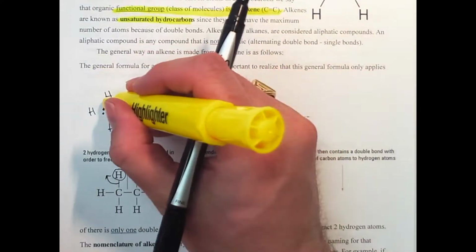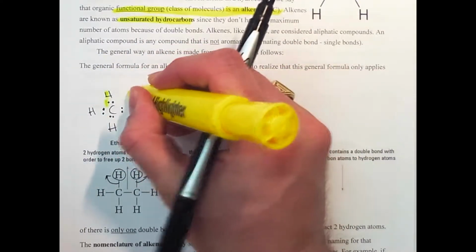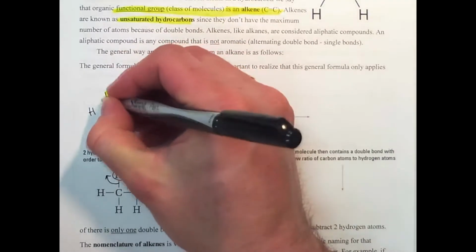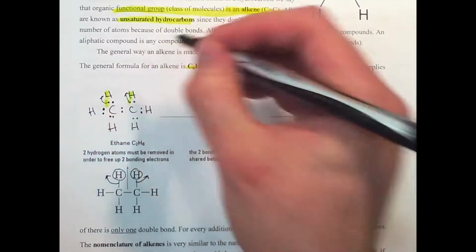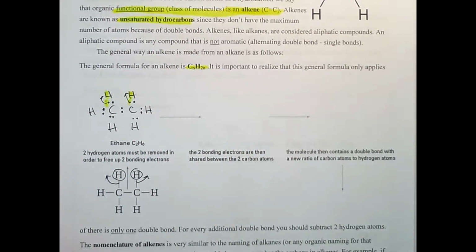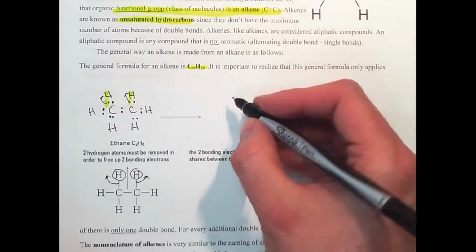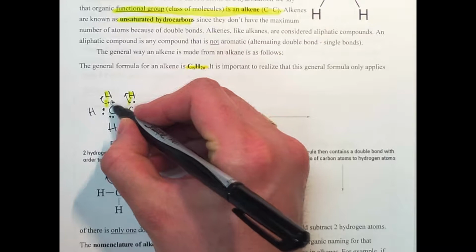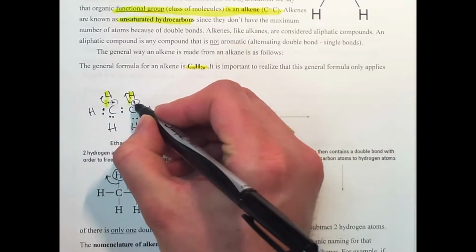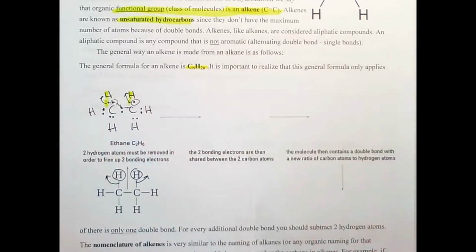When hydrogen decides to leave, it's going to take one of its electrons out with it through the process called an elimination. These two electrons that are left over will want to find each other and form a double bond.